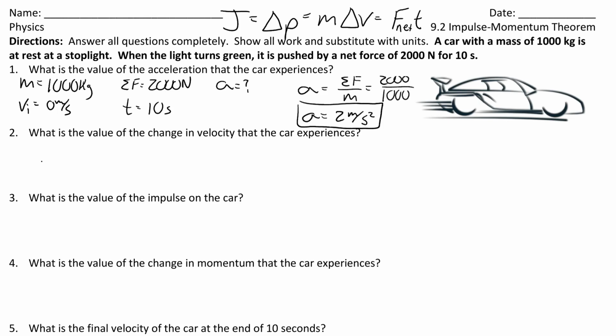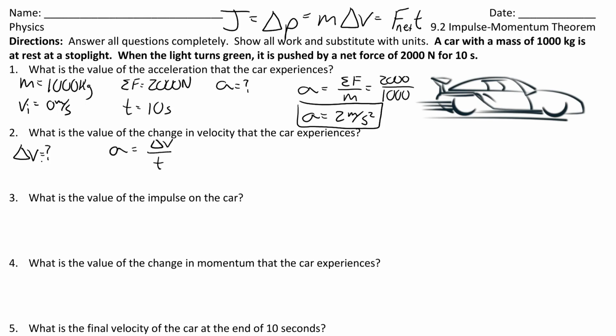It says, what is the value of the change in velocity that the car experiences? So it's not saying what is the final velocity. No, it's saying what is the change in velocity. So they're looking for delta v. So if we're looking for the change in the velocity, we have a choice. I mean, we could do the acceleration is equal to delta v over t.